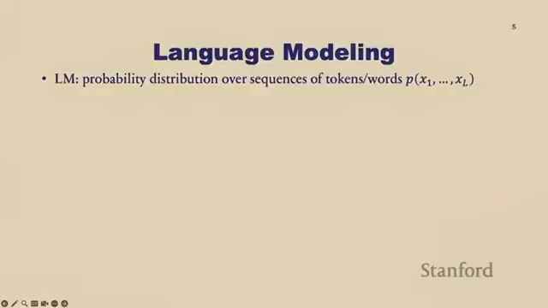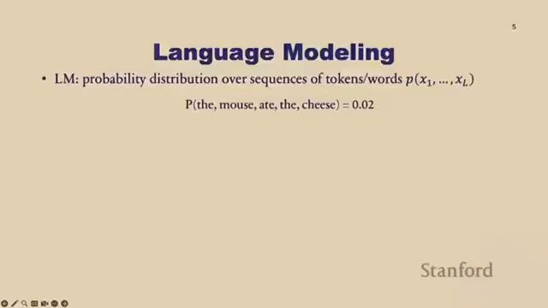Language models at a high level are simply models of a probability distribution over sequences of tokens or words. So it's basically some model of P of x1 to xL, where x1 is word 1 and xL is the last word in the sequence or in the sentence.